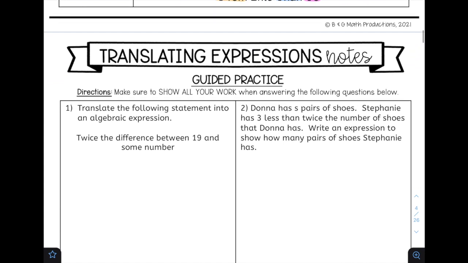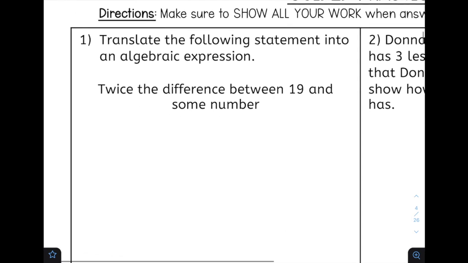Okay, so let's look at the first problem. Translate the following statement into an algebraic expression. Twice the difference between 19 and some number. So we have a couple of different parts here. We have twice, and we have the difference between 19 and some number.